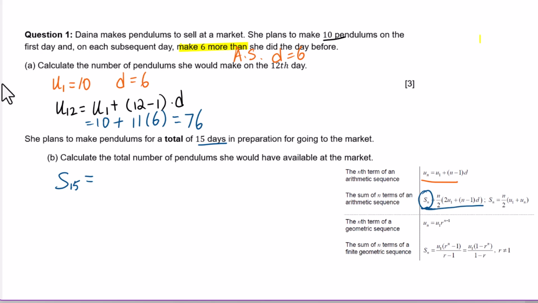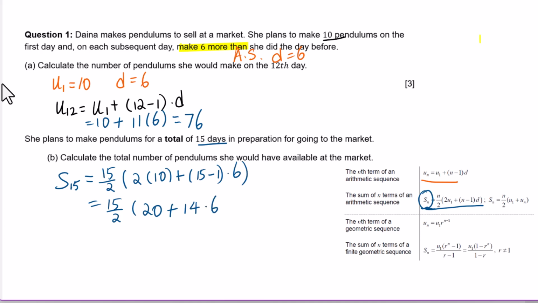S sub 15 equals 15 over 2 times 2 times 10 plus 15 minus 1 times 6. Simplify: 15 over 2 times 20 plus 14 times 6. Go to calculator. Equals 780.